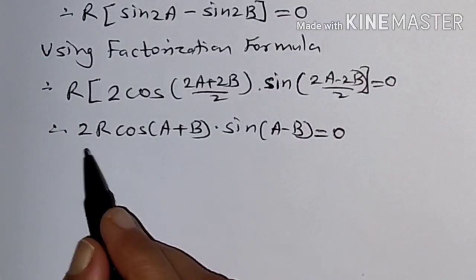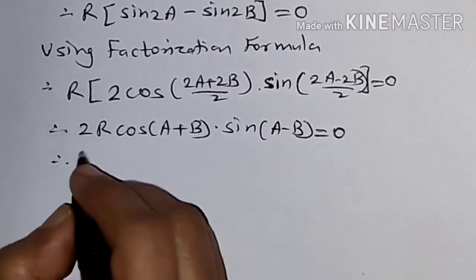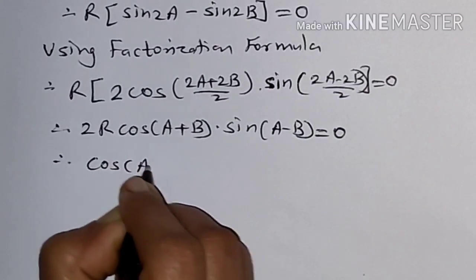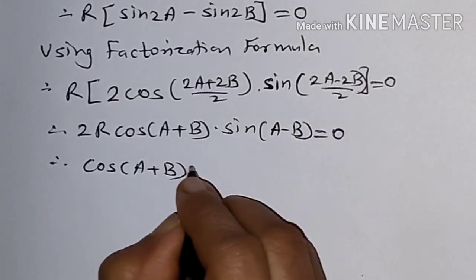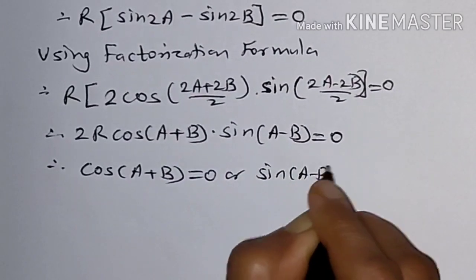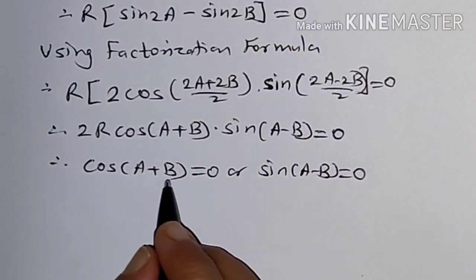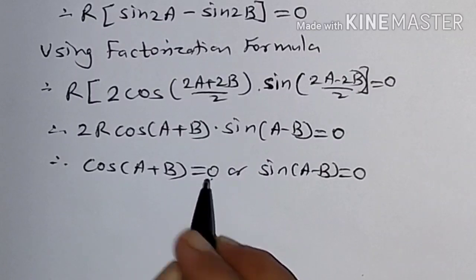Now R is the circumradius which is not equal to 0. So there are two possibilities, cos(A plus B) is equal to 0 or sine(A minus B) is equal to 0. We know that cos of 90 degrees is 0.